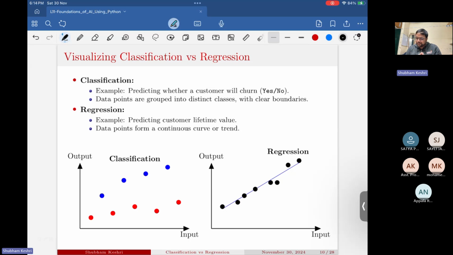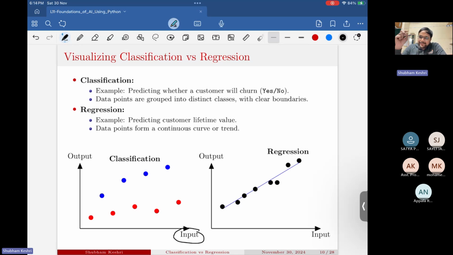Okay, now this is important. We are visualizing what is happening. I am saying the feature is only one. For this example, there is only one feature. You can have multiple features, 2D features, 3D features. When I say 3D features, it means three different features, four features, five features, n number of features.